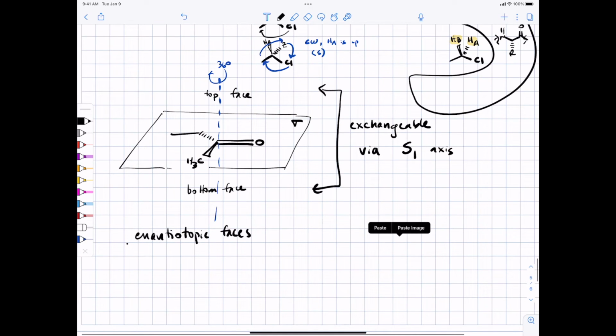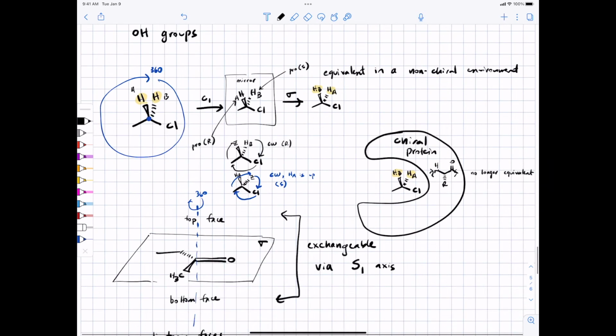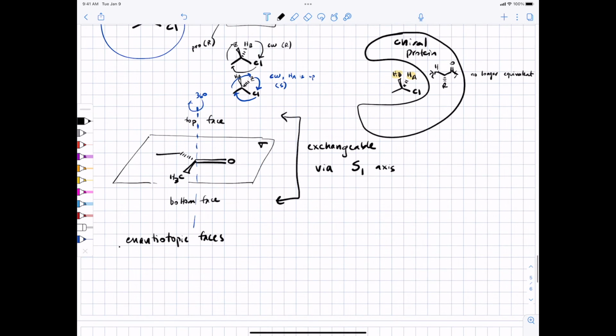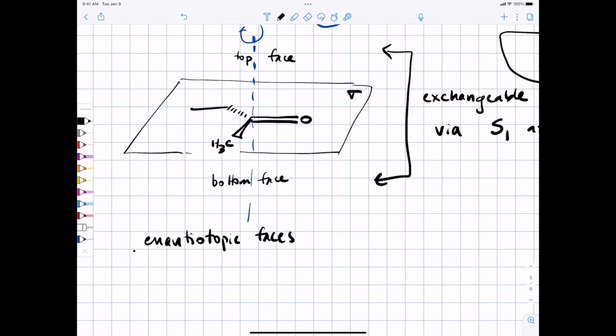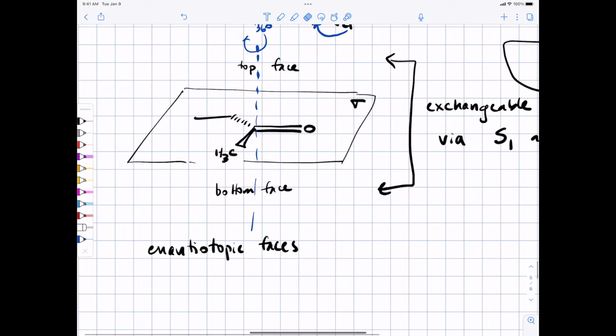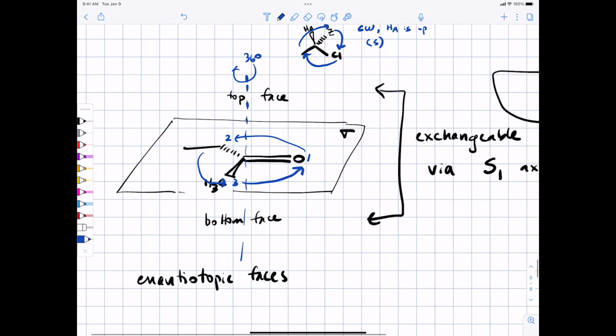And similar to pro-R and pro-S, we have words to describe these two enantiotopic faces. To see how to do this, you simply assign priority via the regular stereochemistry rules to each of these groups. And then you draw an arrow from 1 to 2, from 2 to 3, and from 3 back to 1.